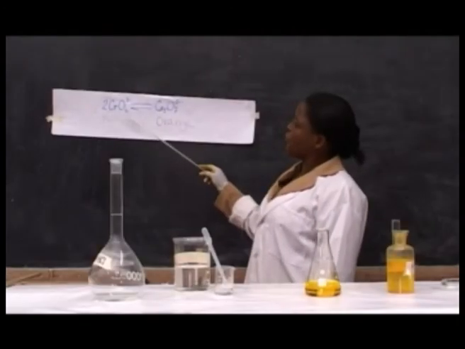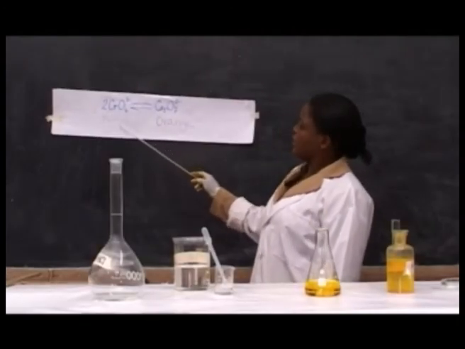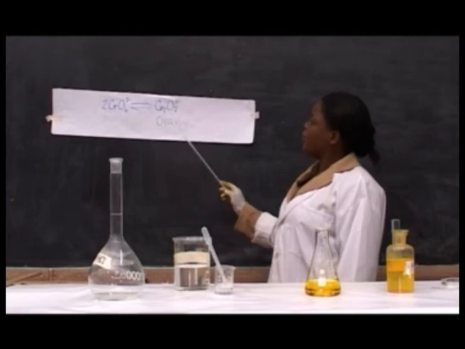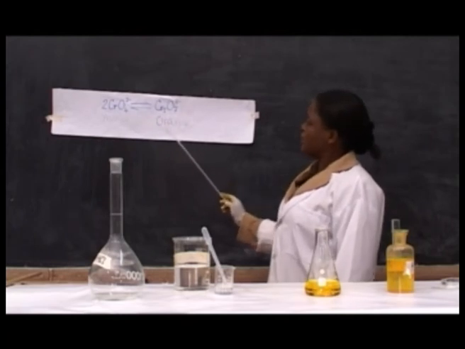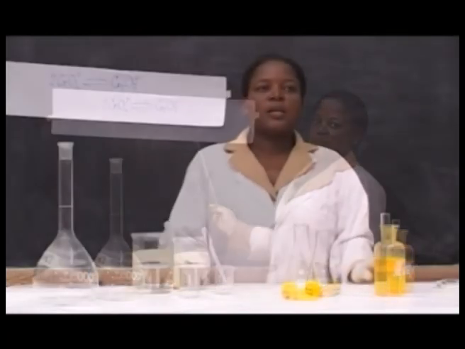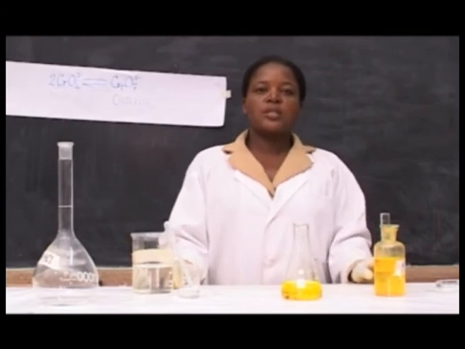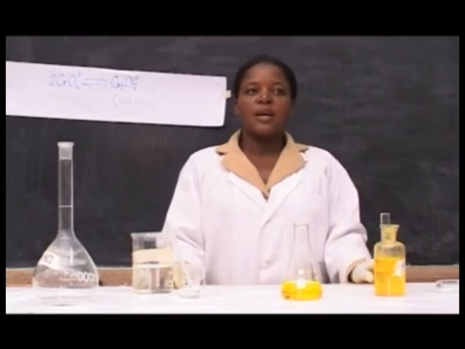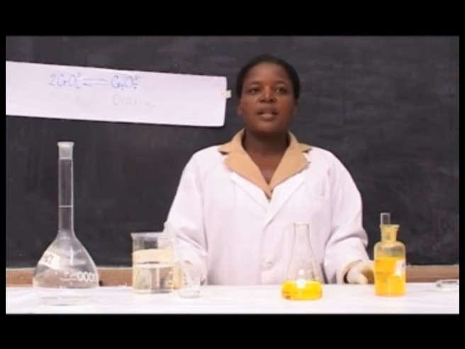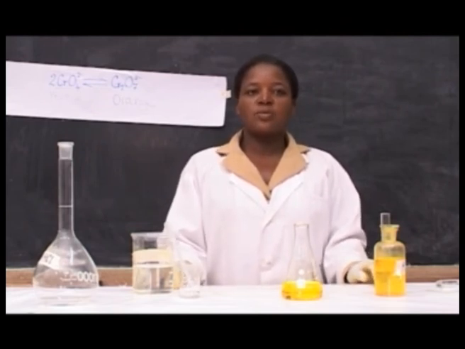The color of chromate ions is yellow and the color of dichromate is orange. Some reactions proceed in both ways. In this experiment, reactants changed to products and products reversed back to reactants.